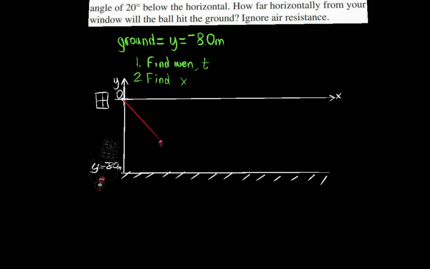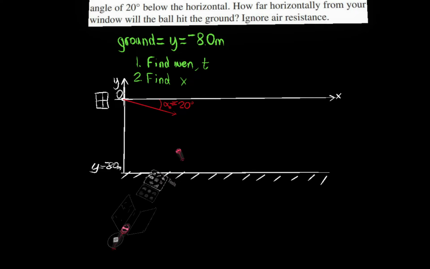This would be 45. This might be 30, and a little less is 20 degrees. Something like that. So this is our initial angle, and that's 20 degrees. And it's below the horizontal, so negative 20, right? And this is our velocity vector, and the magnitude of such is equal to 10 meters per second.